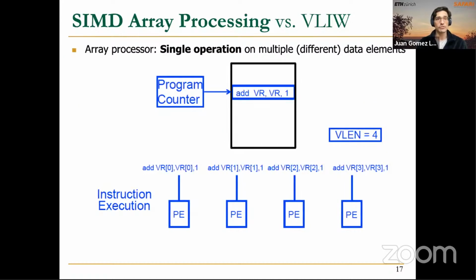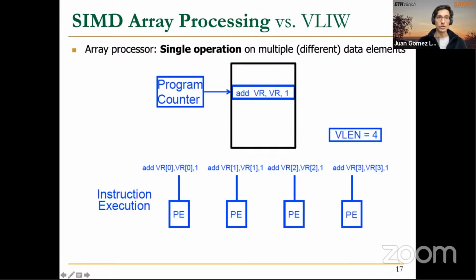However, in the case of SIMD processing, or at least in the case of array processors, because that's the example that we have here in the slide, this is an array processor with different processing elements that are, let's say, homogeneous. So here, it's actually the other way around.